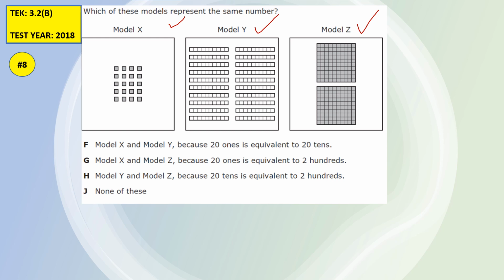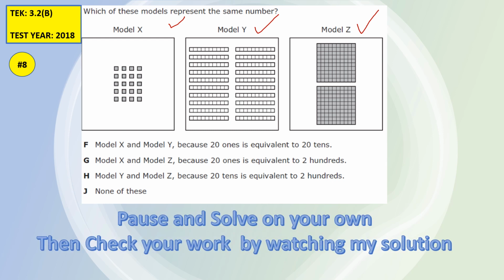Answer choice G says Model X and Model Z because 20 ones is equivalent to 200s. Answer choice H says Model Y and Model Z because 20 tens is equivalent to 200s. J says none of these. Pause and solve on your own, then check your work by watching my solution.